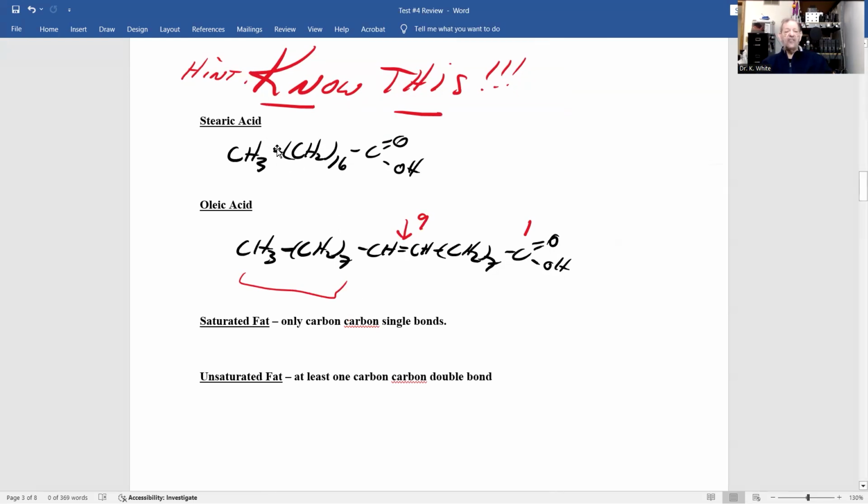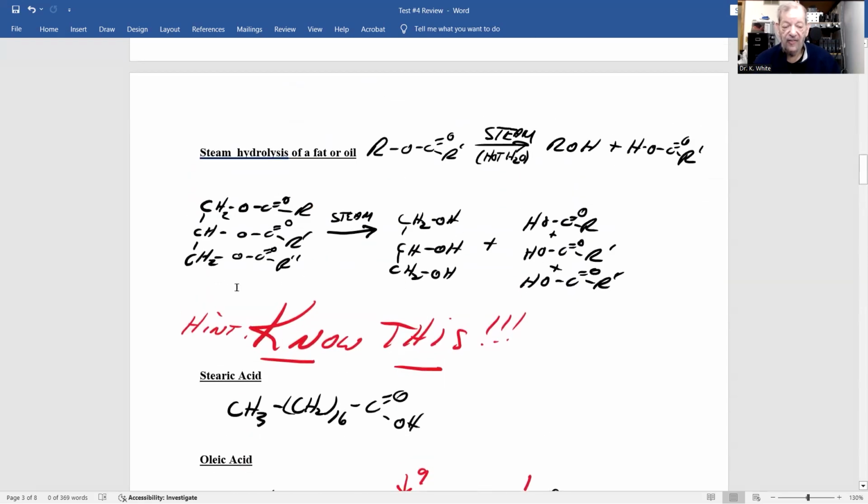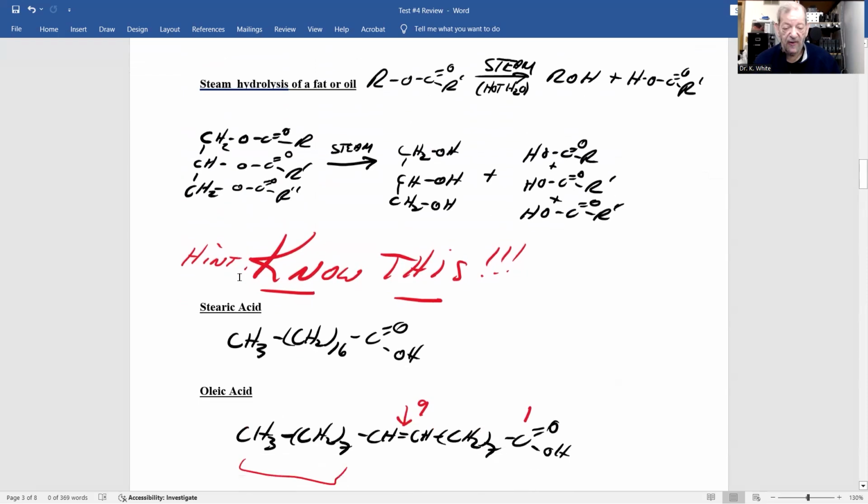Now, stearic acid is called a saturated fatty acid because there's only carbon-carbon single bonds. Oleic acid is an unsaturated fatty acid because there's at least 1 carbon-carbon double bond. Now, those come from the triglyceride, fat or oil.